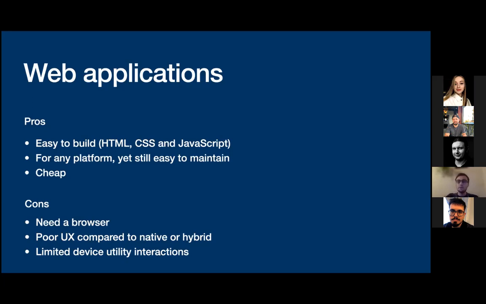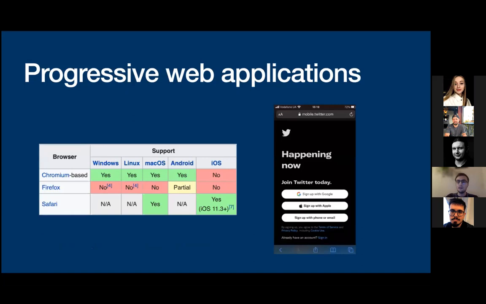Though there's one important thing to mention about web apps here. Since 2018, there's a thing called progressive web application that is now supported by Chrome and Safari browsers, and is basically a web app that developers can enable to be a progressive web app, and that can actually be downloaded to your mobile device, and you can have it kind of installed on your home screen.